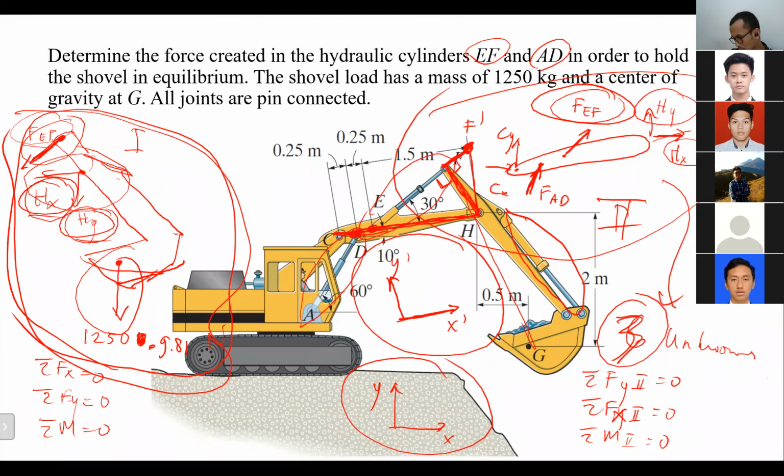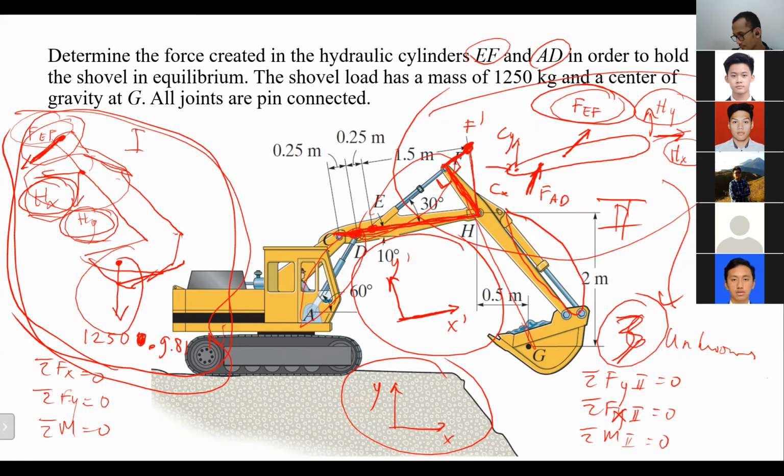So what I'm trying to say is that I don't think it needs to be a 90-degree angle between the arm and this shaft. The angle between EF and H doesn't have to be 90 degrees.